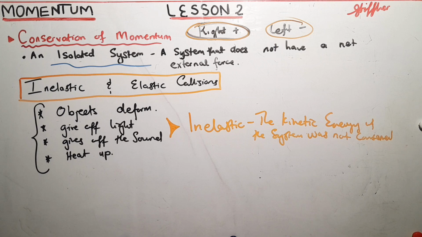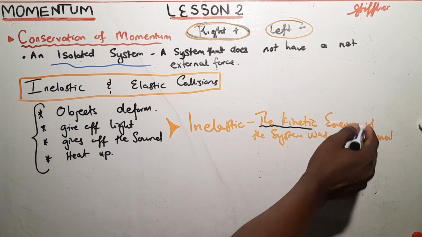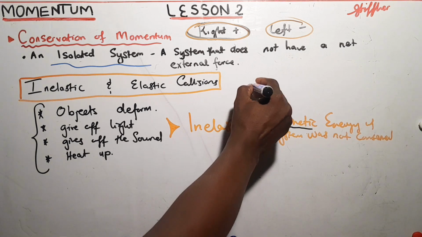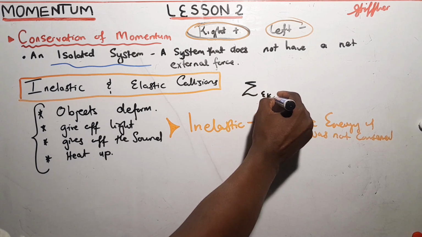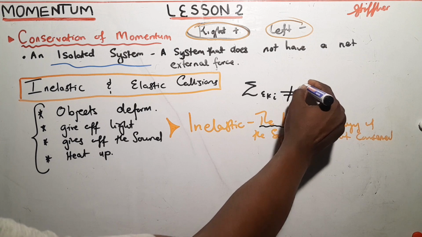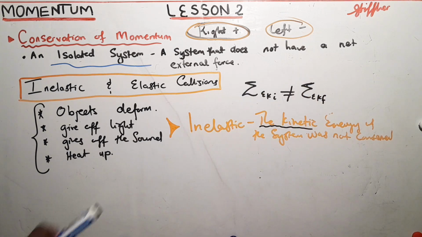Inelastic collision means that the kinetic energy of the system was not conserved. So the total EK initial and the total EK final are not the same.